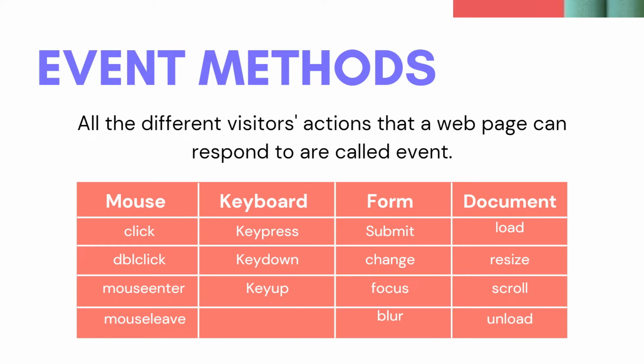And we have the scroll. Whenever the user scrolls, this event is going to occur. And we have unload. Whenever the user loads the page, leaves it, or reloads the page, this event is going to occur. And these are the event methods, and we are going to discuss all these things in VS Code.